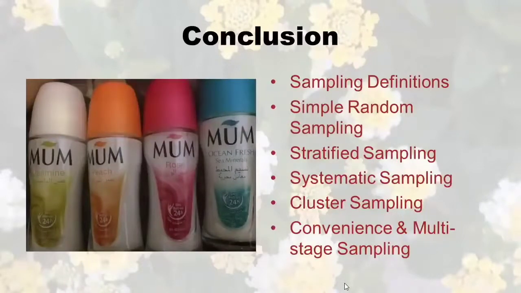We next talked about stratified sampling, why you do that and how you do that, and the limitations of that one too. Then we got into systematic sampling, which is a little more flexible and pretty easy to explain. Next, we talked about cluster sampling and why you might need to pull that tool out of your sampling toolbox. And then finally, we covered convenience sampling and multi-stage sampling.